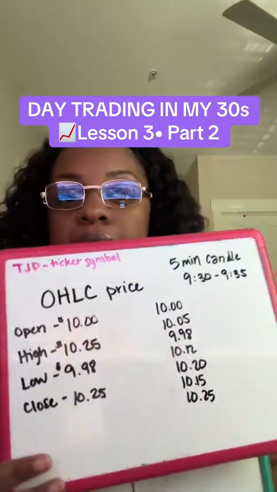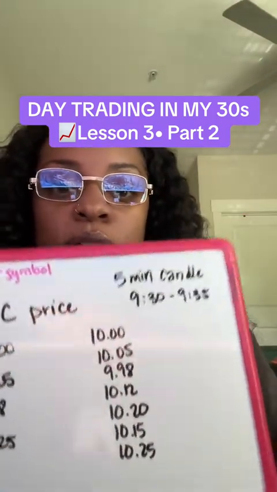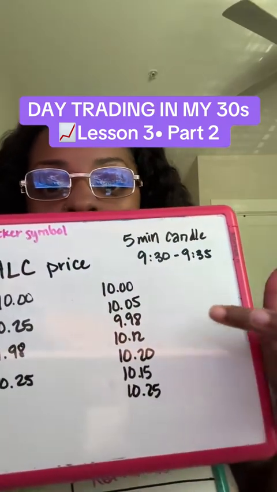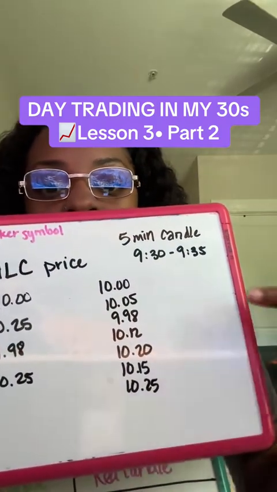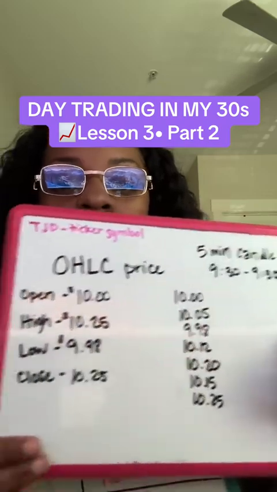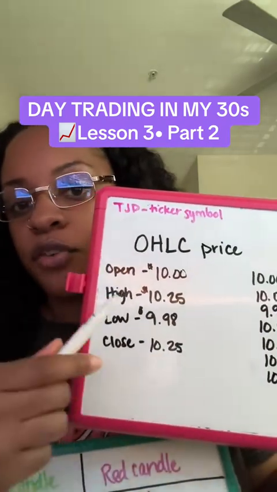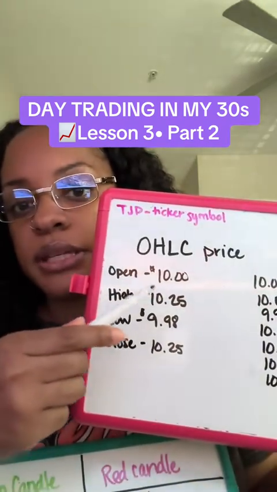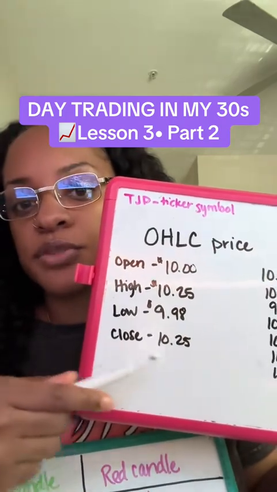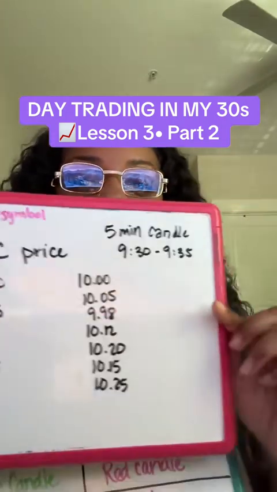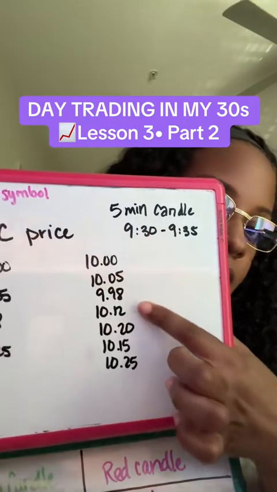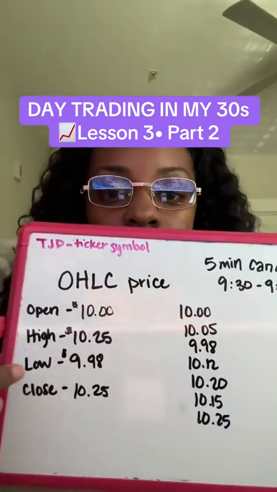All right, so back to this example with the $10, $10.05, $9.98, $10.12, $10.20, $10.15, $10.25. Now, we already mapped it out over here, which was our open price was $10. Our closing price was $10.25. In here, we said that our lowest price was $9.98.